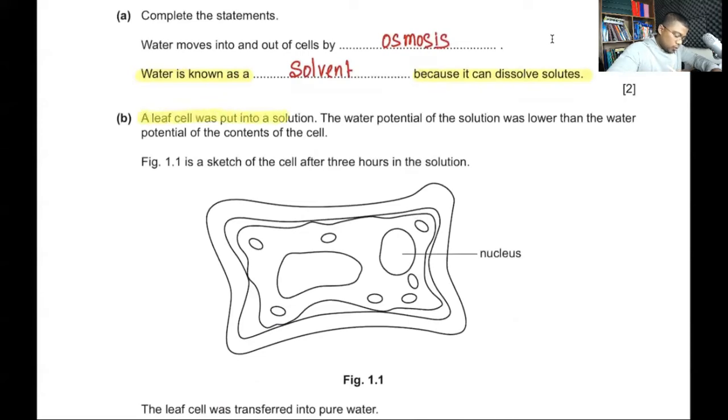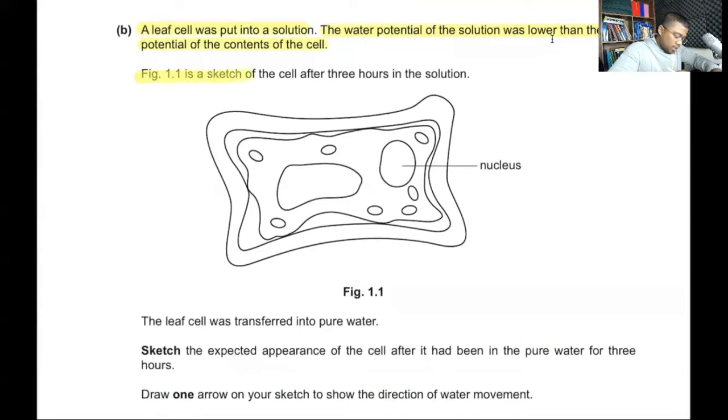A leaf was put into a solution. The water potential of the solution was lower than the water potential of the contents of the cell. Figure 1.1 is a sketch of the cell after 3 hours in the solution.